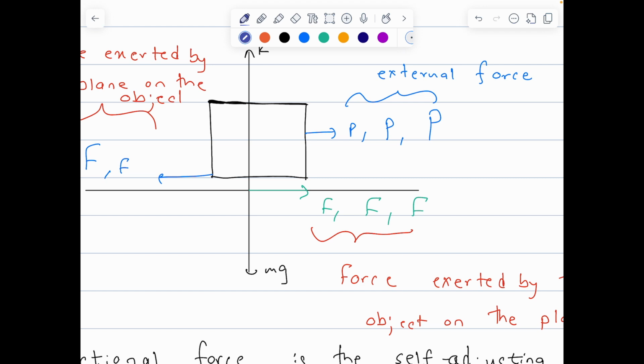If the force that you apply goes beyond the maximum value of static friction or exceeds static limiting friction, there is going to be a relative motion between the two surfaces, and then we enter the situation called slipping. The object slips on the surface. Then there's going to be a relative motion between the two surfaces. I hope you understood that.